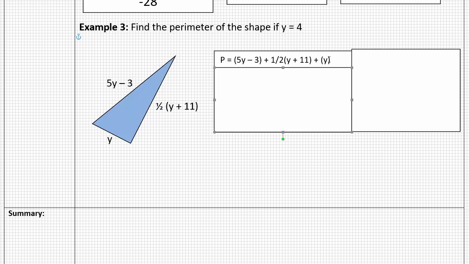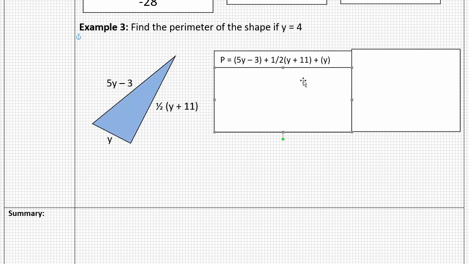So I could write it out like this, substitute in 4, and calculate it down. Or I could simplify this expression by using the distributive property and combining like terms, and then plug in 4. So I'm going to let you choose your method and pause the video here to do your calculations, and then we'll resume the video to compare our work on this third and final example.